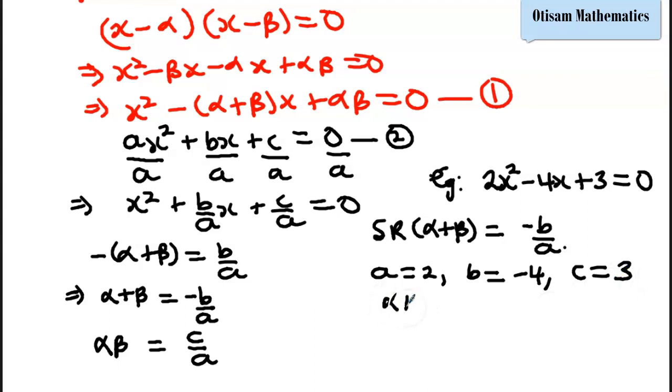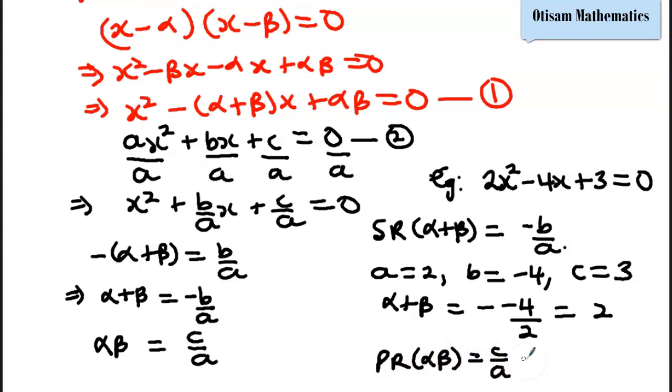So sum of root would then be minus minus 4 on 2, which is 2. And then product of root, that is alpha beta, is equal to c on a, which is 3 on 2. Alpha beta is 3 over 2.